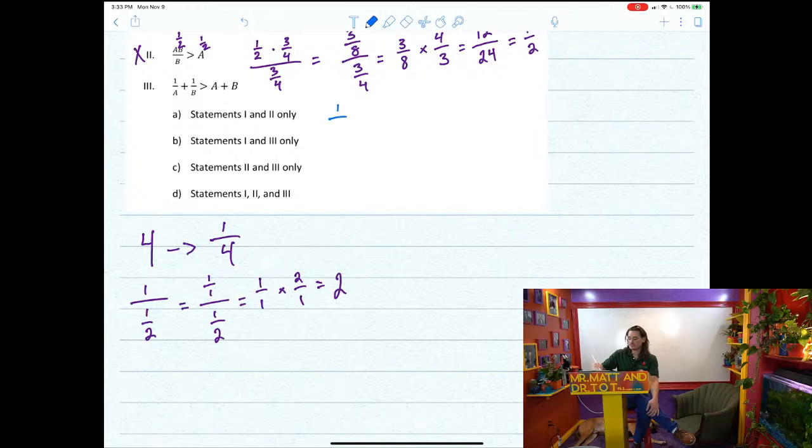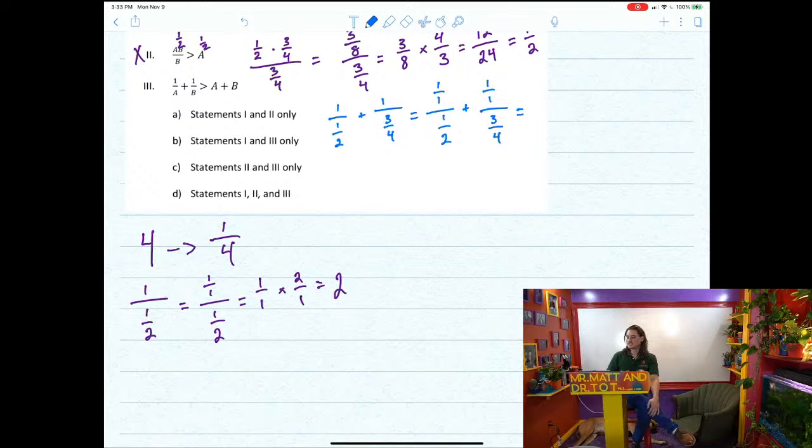But just to prove it, let's substitute in 1/2, 1 over 1/2, and 1 over 3/4. First, I'm going to rewrite the numerator as just 1 over 1. So I have 1 over 1 divided by 1/2 plus 1 over 1 divided by 3/4.